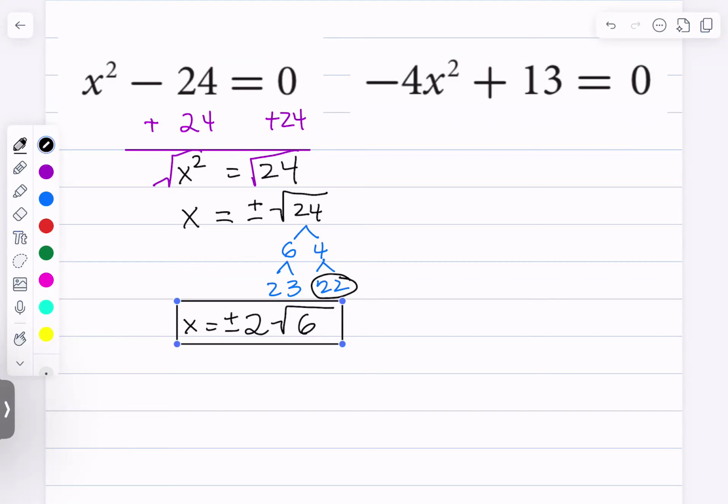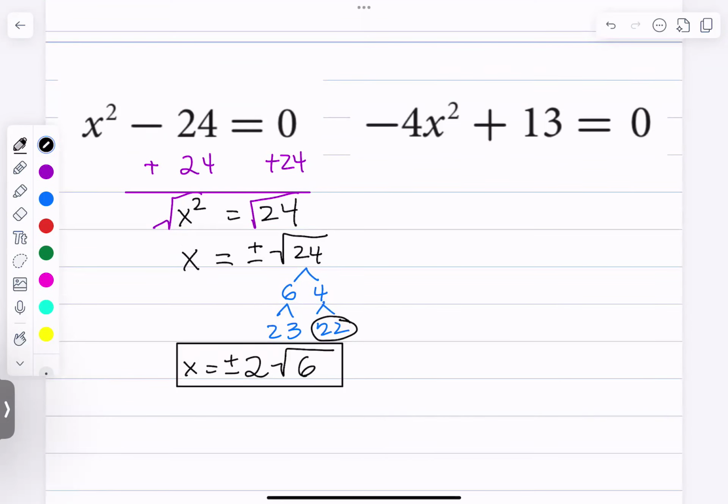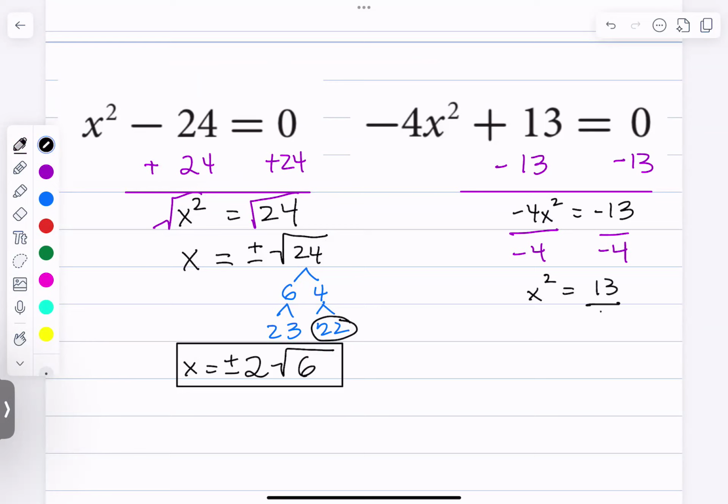The next one here, I am going to subtract 13. Subtract 13. And then we have negative 4x squared equals negative 13. Divide by negative 4. Divide by negative 4. We have x squared equals positive 13 over 4, right?